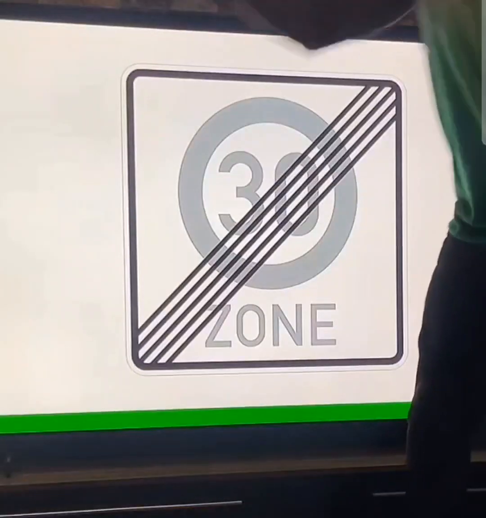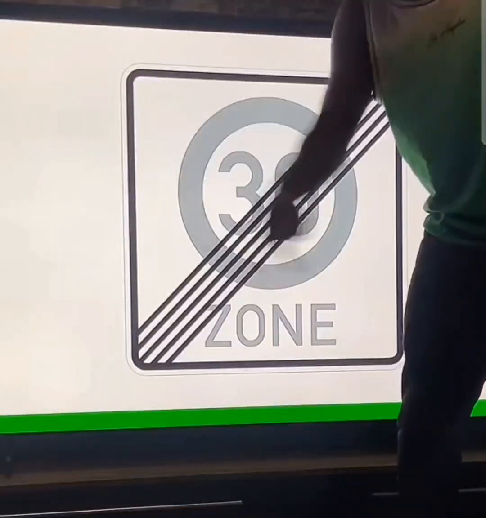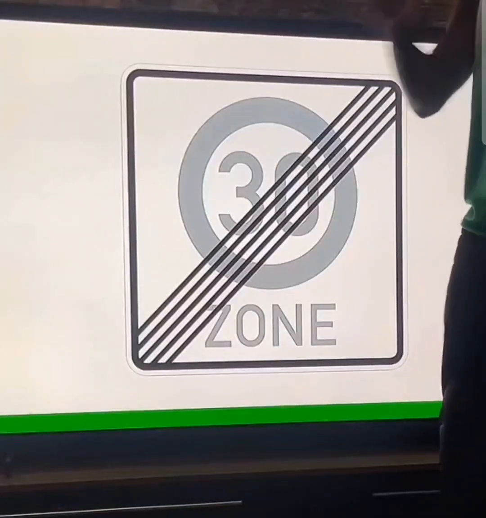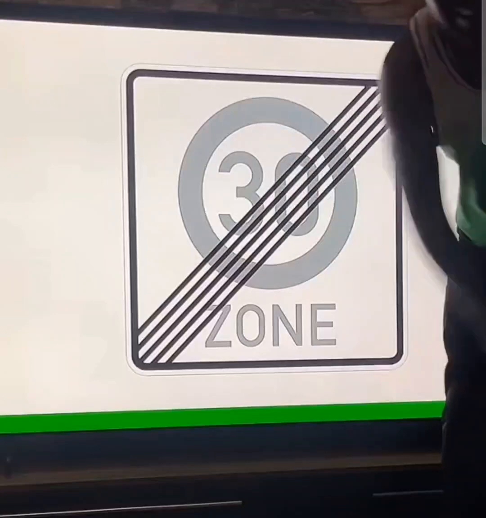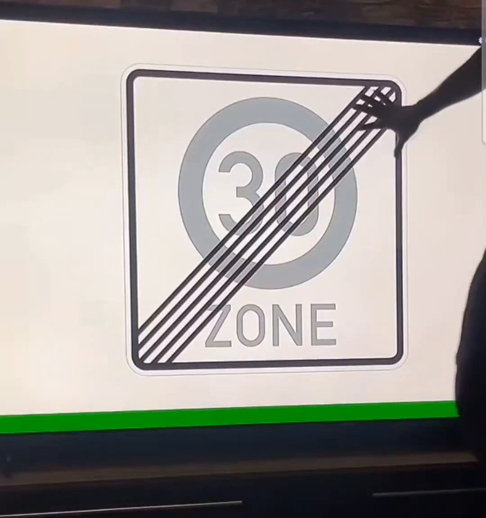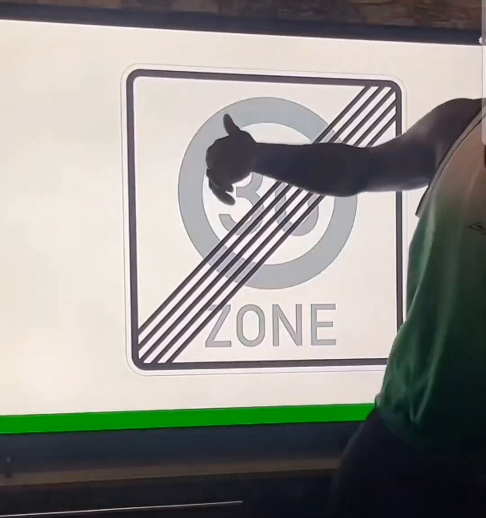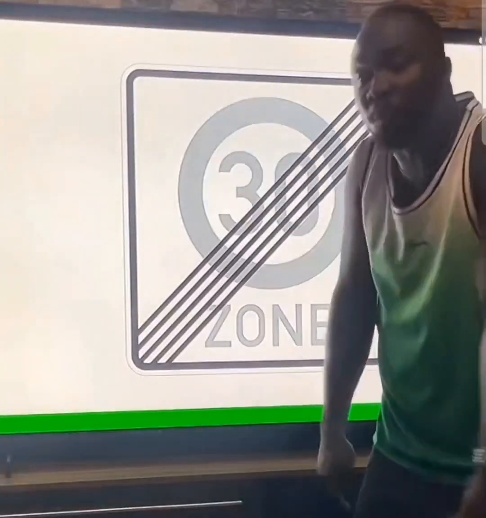Remember, we just saw a question that we cannot drive more than 30 kilometers per hour. And then we saw another question, that we can drive more than what? More than 30. So anytime we see a sign like this, it is after a restricted zone.